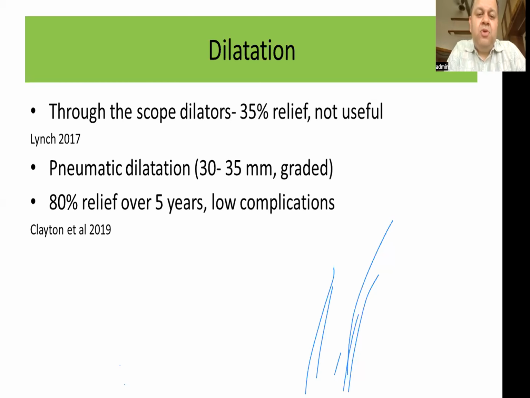Usually for females, we go up to 30 ml, and for males, sometimes up to 35 ml. Usually, symptom relief is around 80% at the end of 5 years. And the risk of complications is usually low.